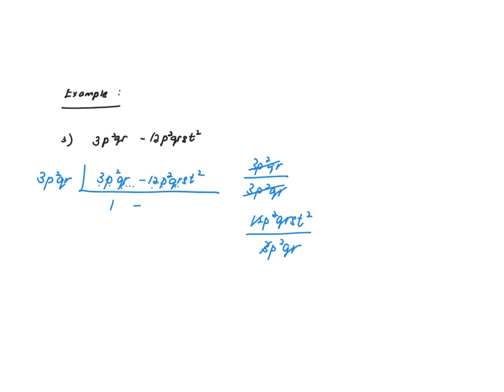So that would be 4, p squared is gone, q is gone, r is gone, so we remain with 4st squared. So then how do we write it down in a bracket? 3p squared qr into 1 minus 4st squared. And that's our final answer.